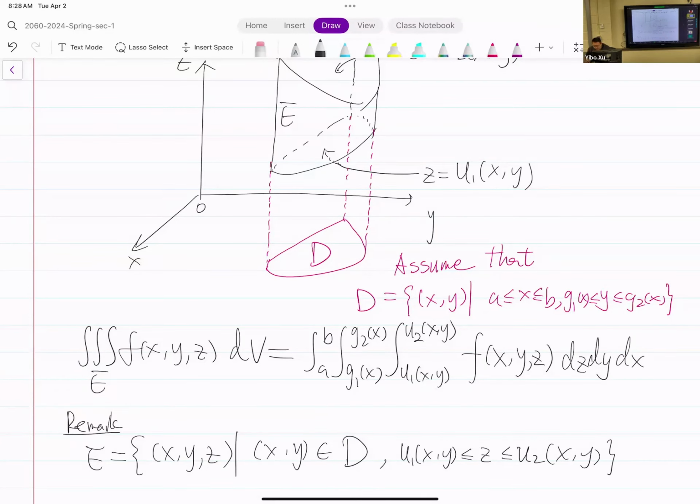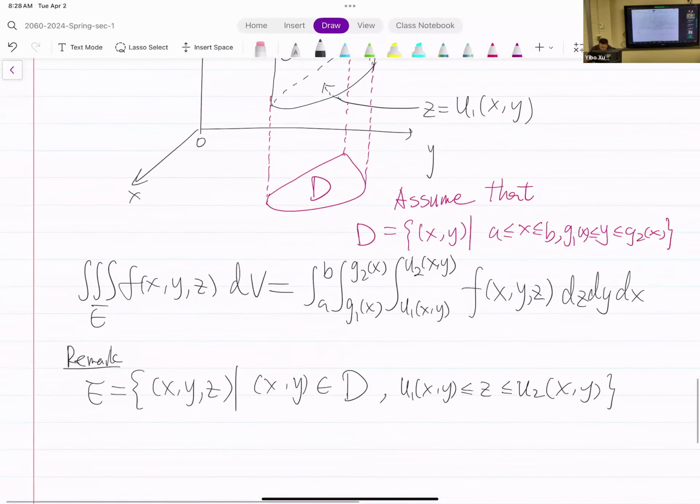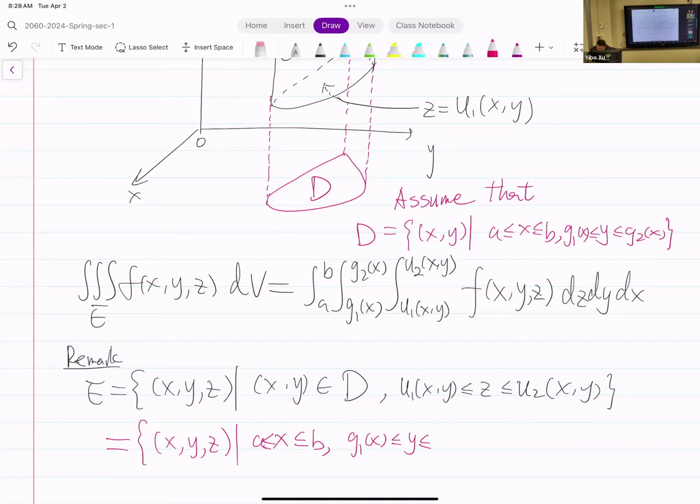And further, we assumed in red that D is a type 1 region. So if you assume that, then you can write it alternatively by explicitly writing out all the bounds. So here x is between a and b. Just copy what you have in the red set D. Okay, so y is lower bounded by g1 of x and upper bounded by g2 of x.